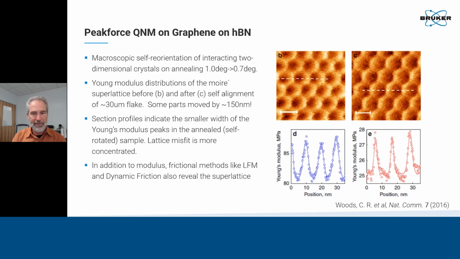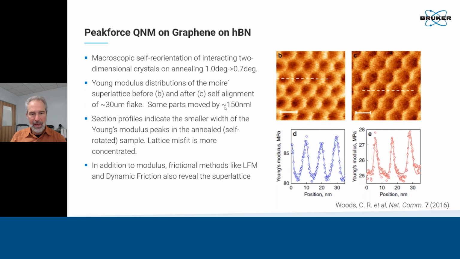And what we have is two different images that are mapping out the modulus of the material, one before annealing on the left, and then the second on the right after annealing. And what happens is the graphene actually rotates to match up better with the underlying hexagonal boron nitride.